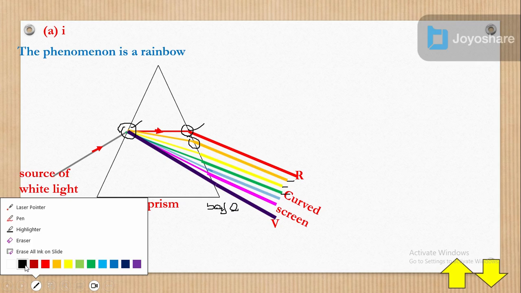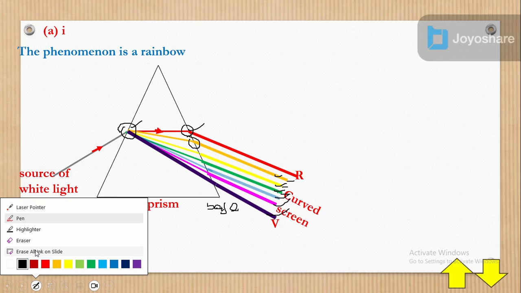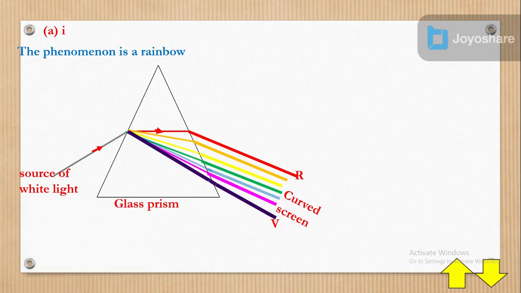If you have to count, this is red, this one here is orange, this is yellow, this is green, this is blue, this is indigo, and this is violet. Those are the respective colors. And realize that in a classroom setting, you can simply use a glass prism. Please, you can carry out this experiment and realize that the colors will come out like that.